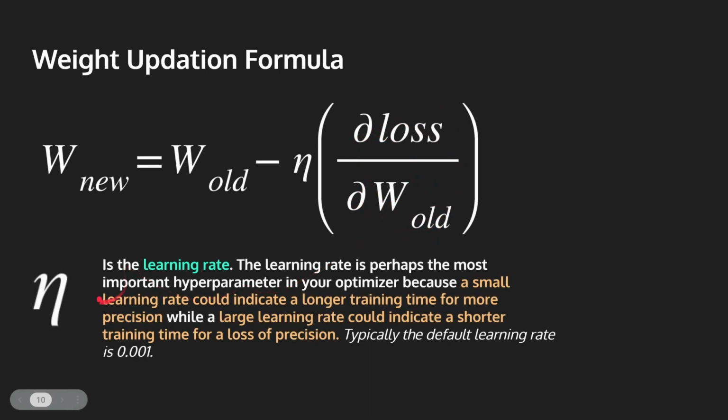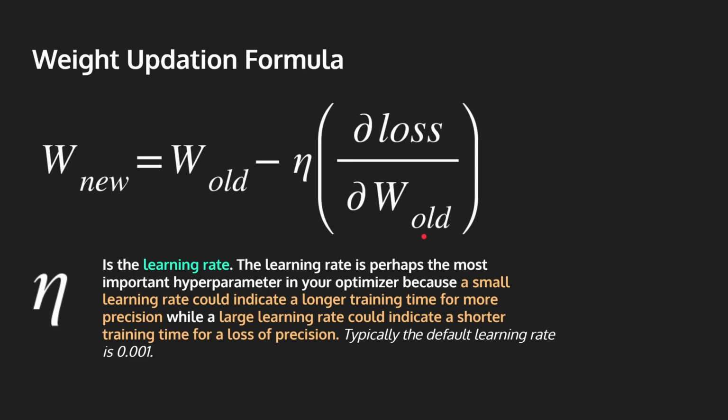The learning rate basically determines how long the training time should be, and also the precision of the new weight, the precision of your model. A smaller learning rate indicates a longer training time, because every time you're subtracting a very small amount, so it's going to take a long time to find the optimum value.